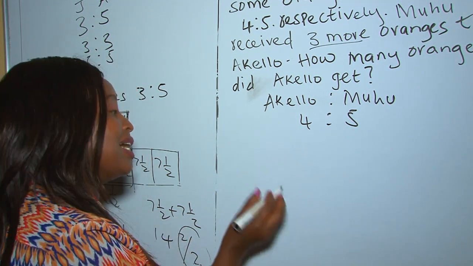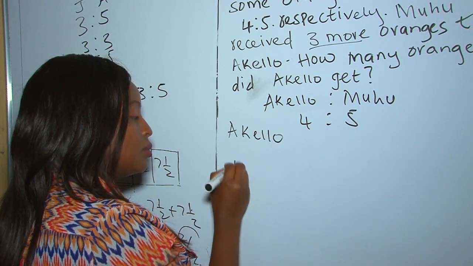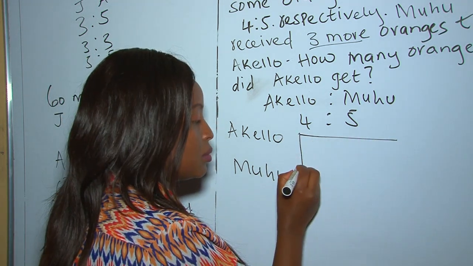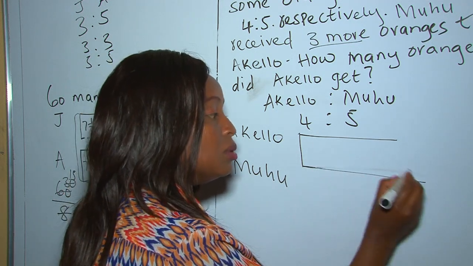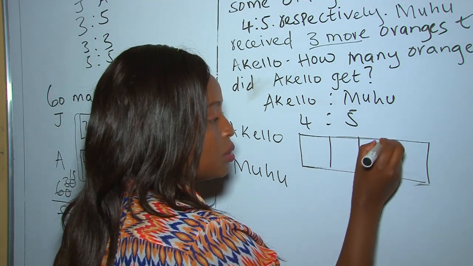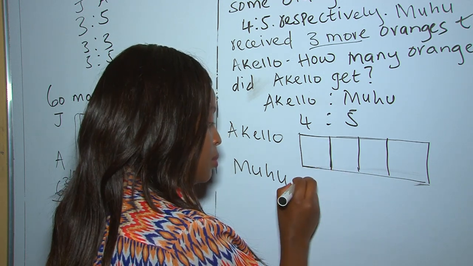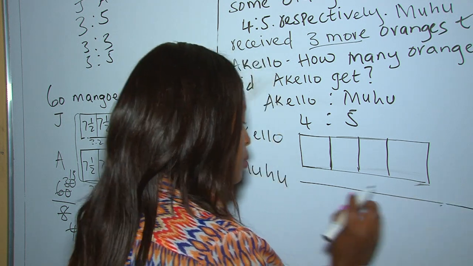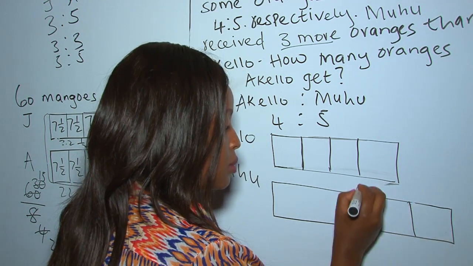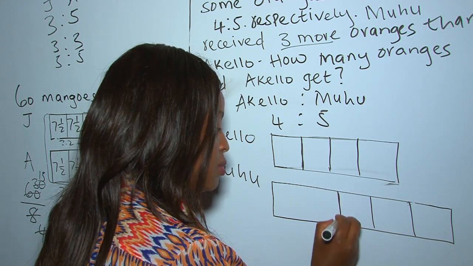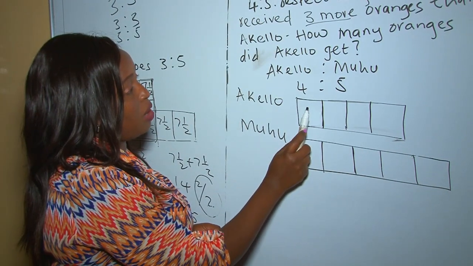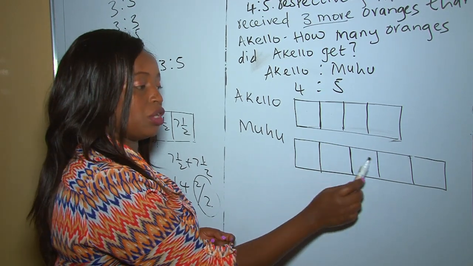Therefore, let's represent this using a diagram. Muhu has 1, 2, 3, 4, 5.